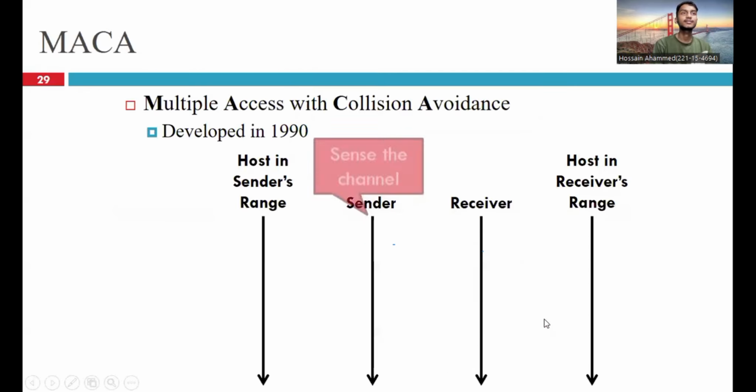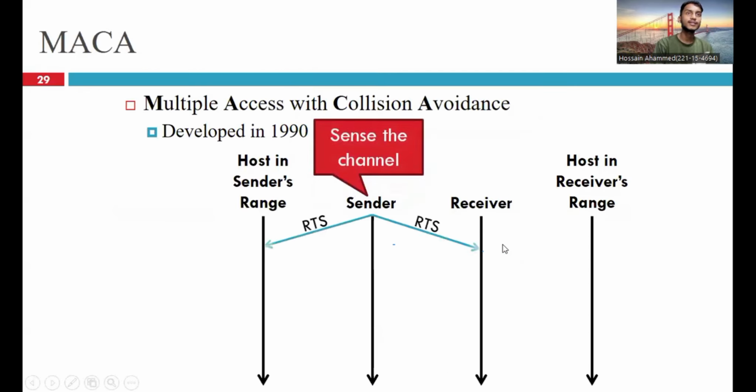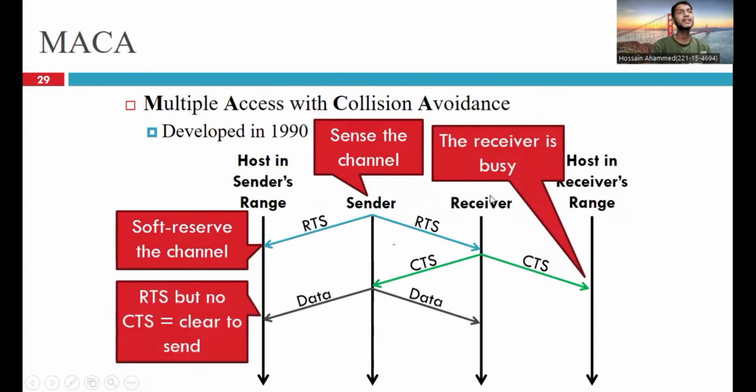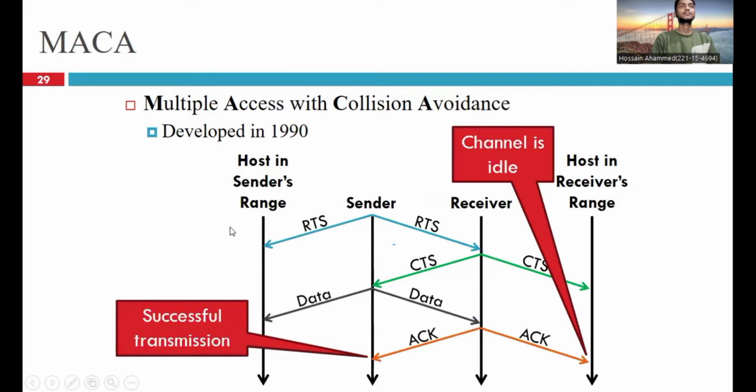Reachability in wireless. Here we see the process of MACA, or multiple access with collision avoidance: how devices avoid collisions between two devices. Here I put a visual representation of this.